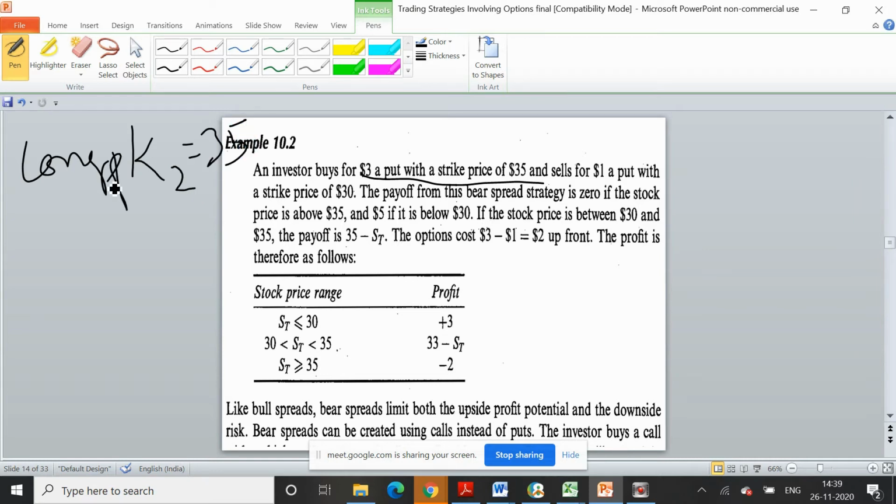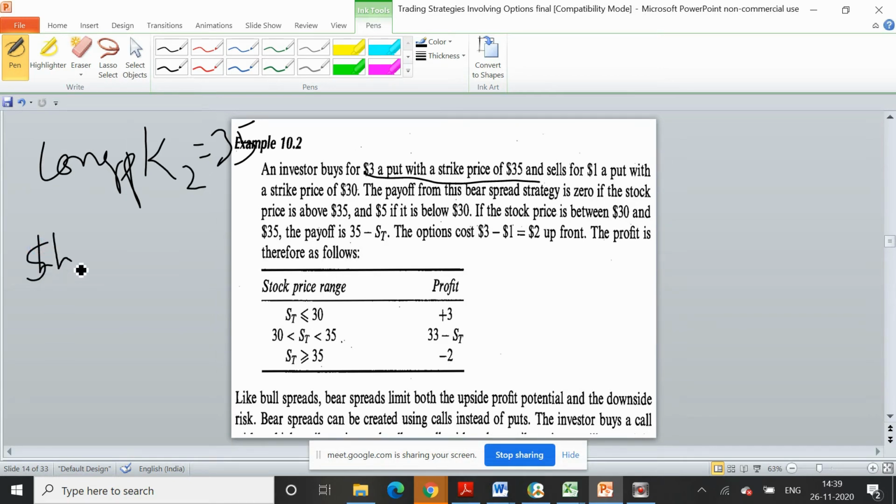Then the investor sells a put with a strike price of 30 for $1. The short put is K1, that is 30. The payoff from this bear spread strategy is 0 if the stock price is above 35, and $5 if it is below 30.